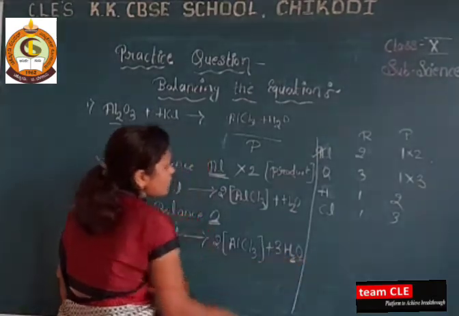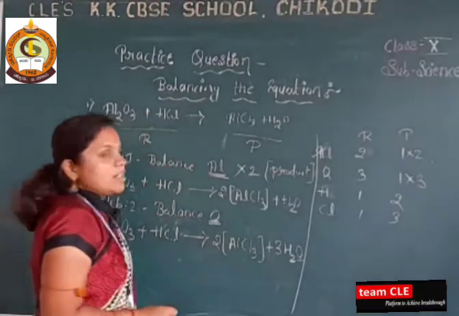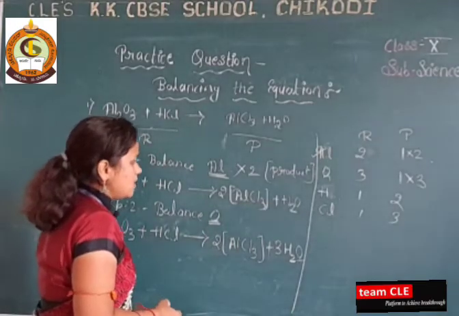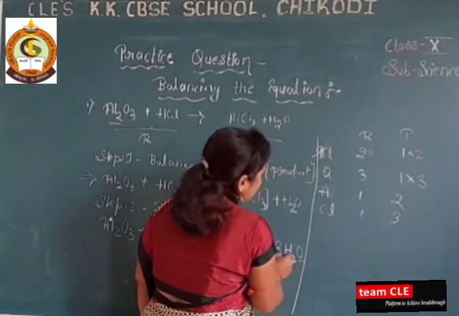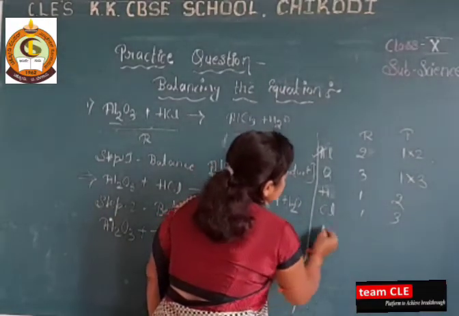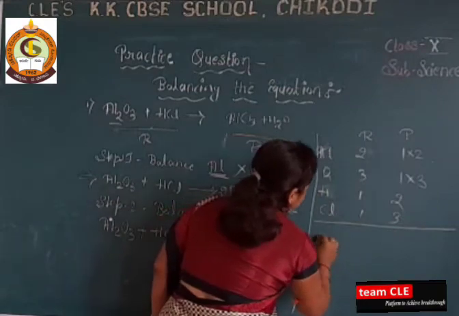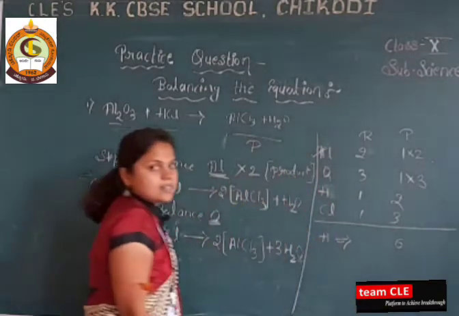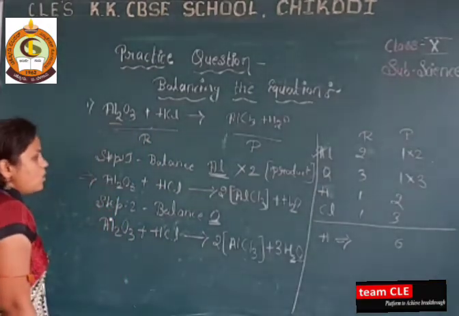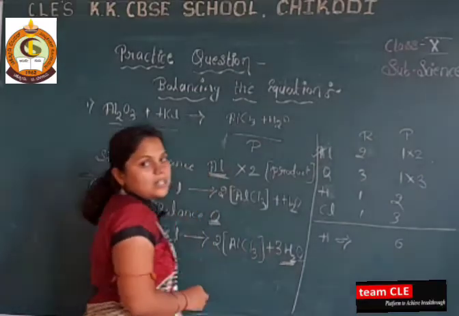So oxygen will become 3, but the number of hydrogen will again become unbalanced here. When you multiply this 2 by 3, it will become 6. So in this situation, hydrogen will become 6 in the product form. So now you have to balance the hydrogen.